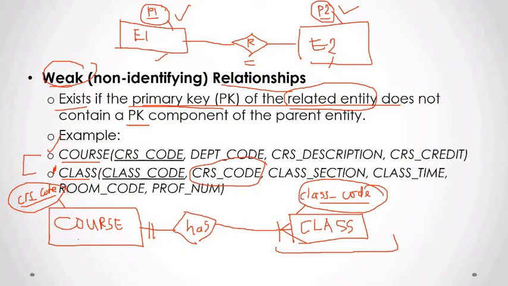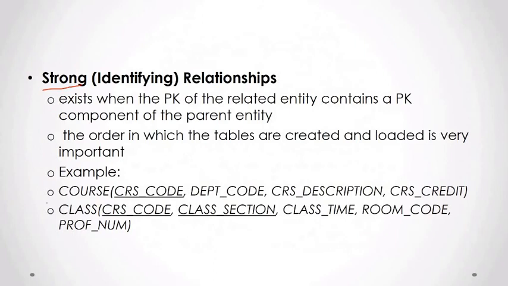Okay? So how about for a strong relationship? You will notice the same example, the same parent entity, the same child entity, course and class. And you will notice course code is the primary key of the parent.